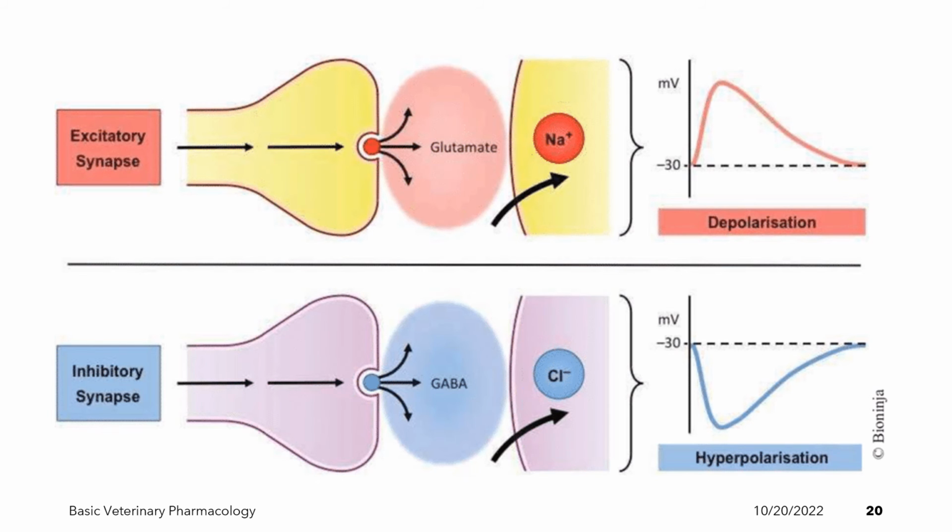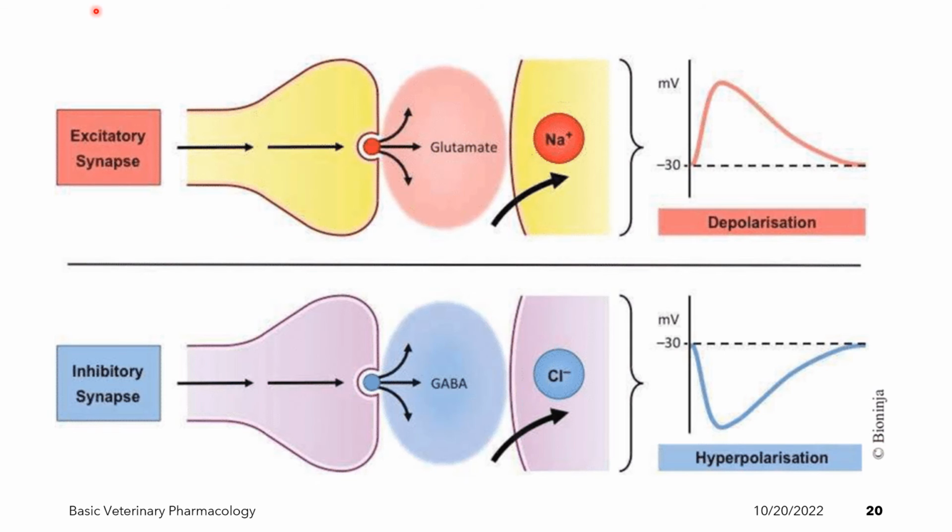This diagram shows the representation of the excitatory and inhibitory synapses. There are two major ions that are important for the manifestation of the excitatory and the inhibitory response: the sodium ions and the chloride ions. Their movement in and out of the cell is important for depolarization and hyperpolarization.